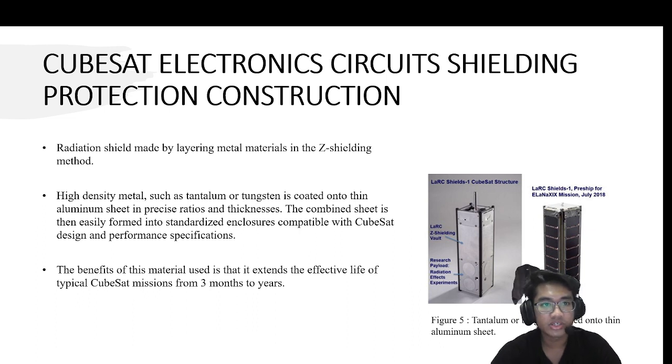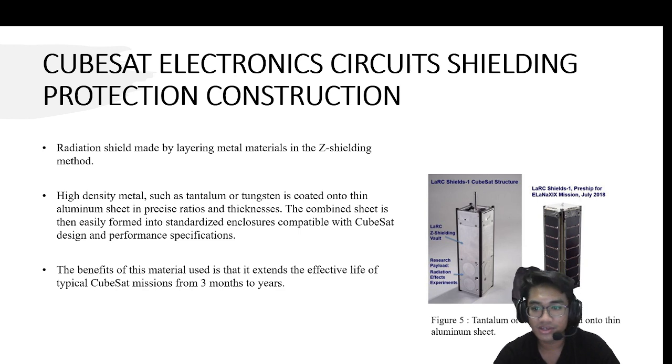CubeSat electronics circuits use layers of metal materials in the Z shielding method. High density metals such as tantalum or tungsten are coated onto thin aluminum sheet in precise ratios and thickness. The combined sheet is then formed into standardized enclosures compatible with the CubeSat design and performance specifications.